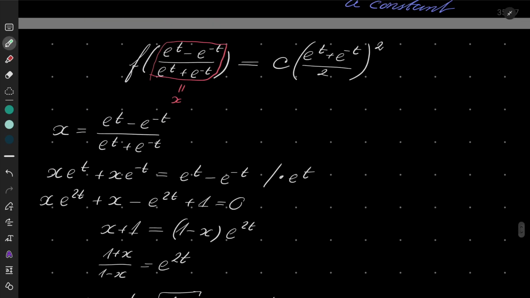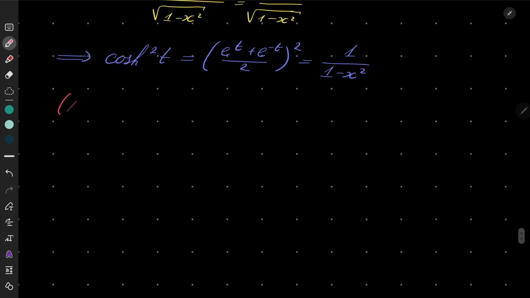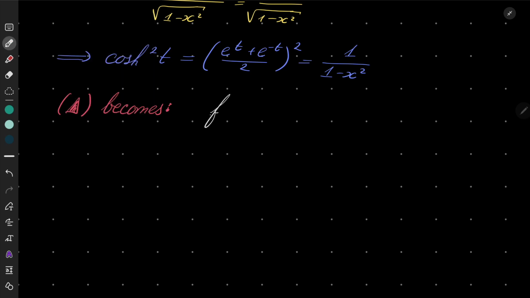Let me mark this condition triangle, and triangle becomes the following: f of x equals c over 1 minus x squared for x's between minus 1 and 1.